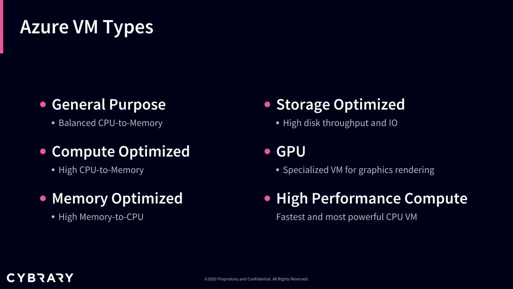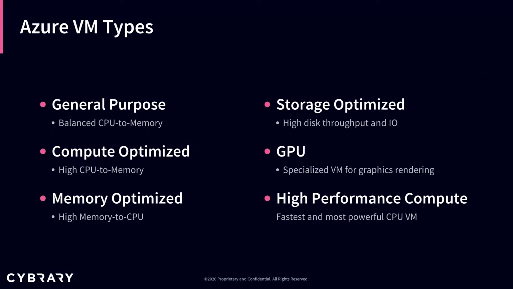You can have storage optimized. So if you plan to install some kind of application, or you plan to have a storage where high disk throughput is required, then you're going to do storage optimized. You can have compute optimized where it is high CPU to memory ratio.